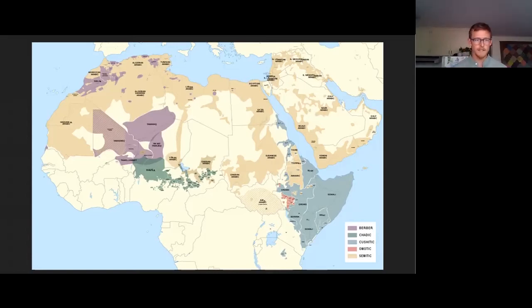It is specifically a Semitic language, which means that it is not so distantly related to Arabic, and also to some languages in Ethiopia, like Amharic, which is one of the majority languages in Ethiopia. It's also then distantly related to languages all over the northern half of Africa, including a lot of languages in Somalia, and the Hausa language, which is one of the big languages in Nigeria. So it has a lot of close and distant relatives.